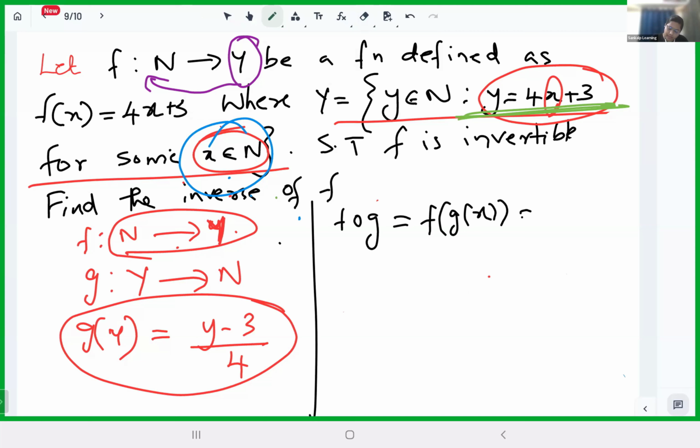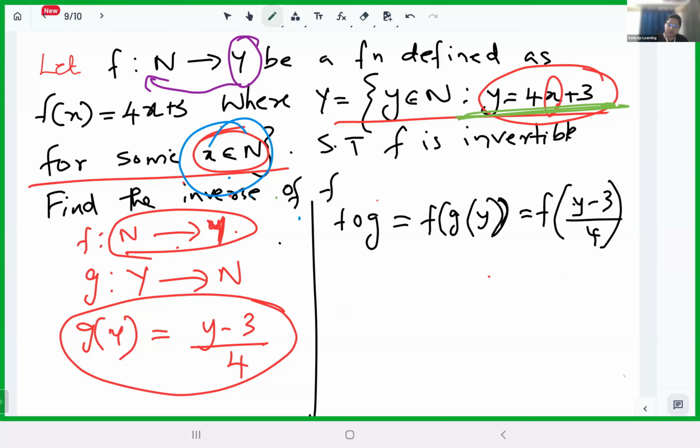And what is g of x? G of x is nothing but (x minus 3) by 4. But we have already defined the function g in terms of y, so I am replacing this variable with y itself.